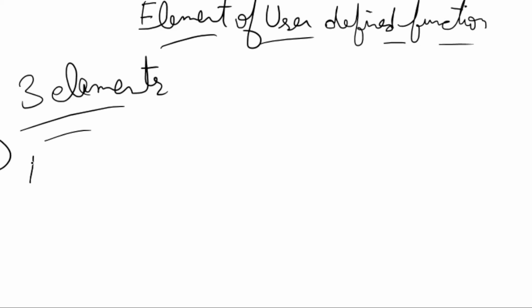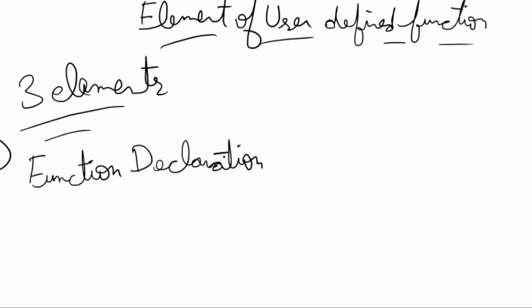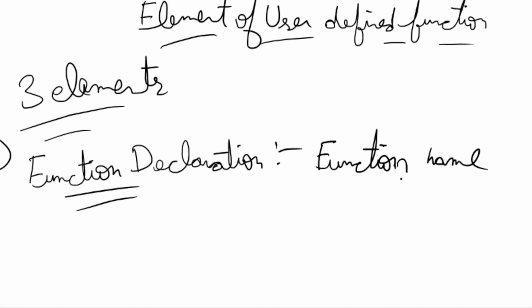The first one is function declaration. This function declaration is basically used to tell the compiler about the function name. Let me write the syntax once.